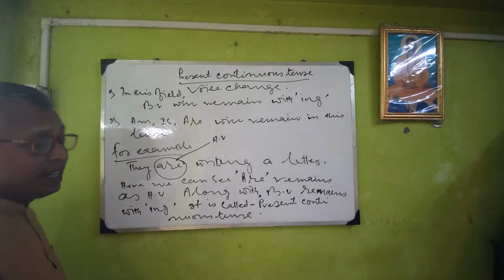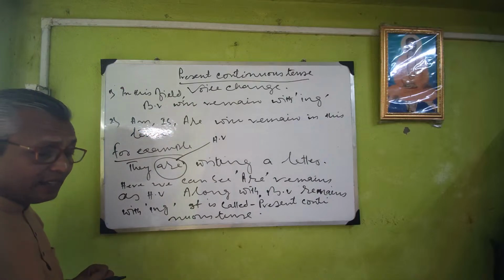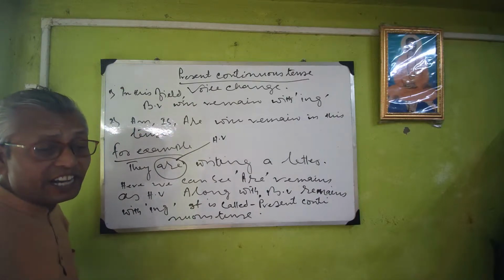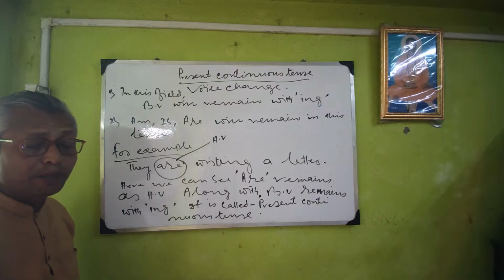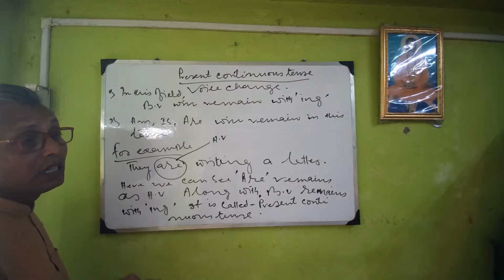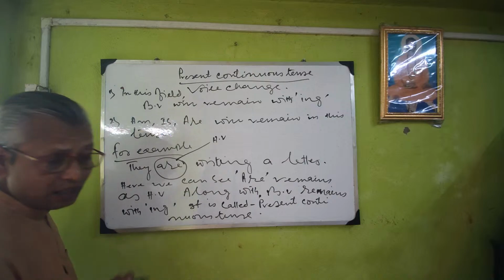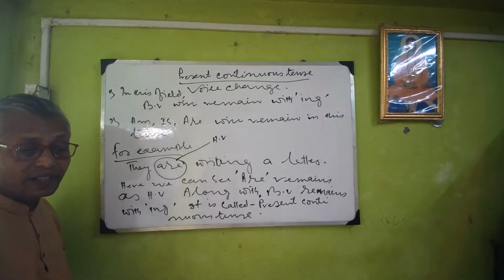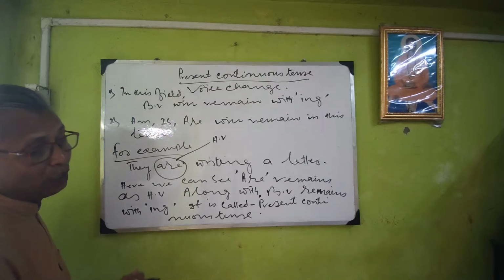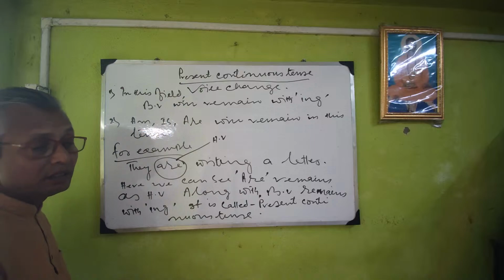So it is easy for me to identify the present continuous tense because HV will remain as am, is, are along with BV with ing.